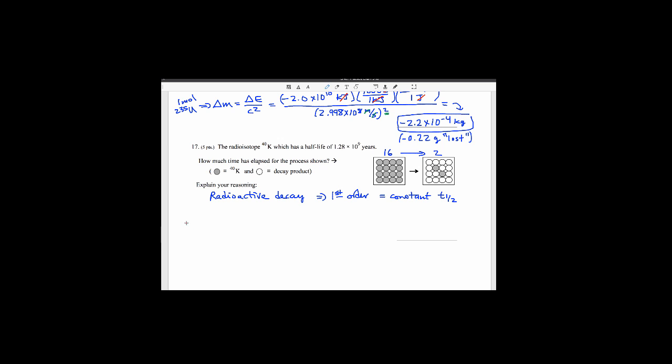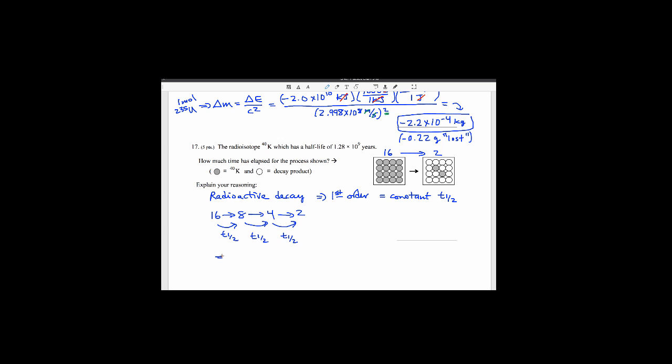And so the amount of 16 going down to 8, that's 1 half-life. And then 8 decreasing to 4, that's a second half-life. And then 4 decreasing to 2, that's a third half-life.